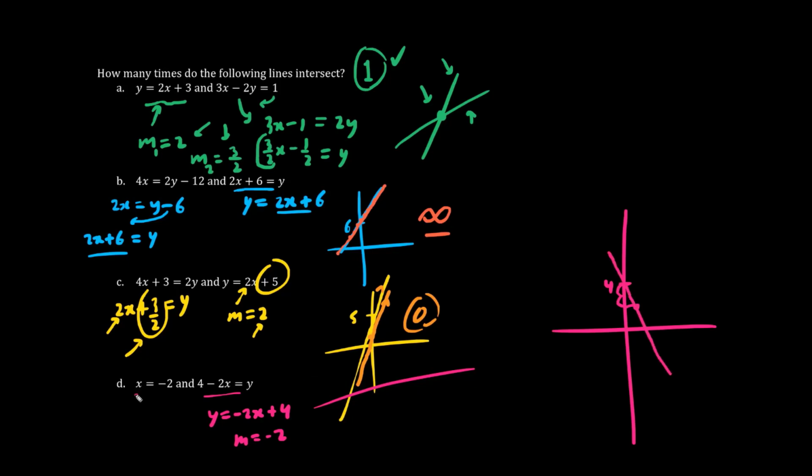And what do we mean by x equals negative 2? x equals negative 2 is a vertical line running up and down with an x-intercept of negative 2. The fact that these lines have different slopes means that there's only one point of intersection. It's okay that this slope is undefined. It's a vertical line. These lines still hit only once.